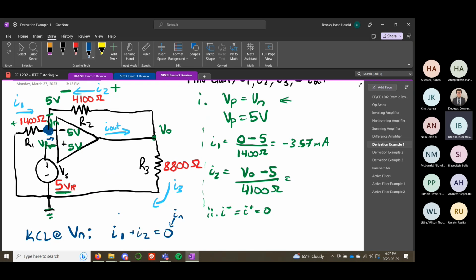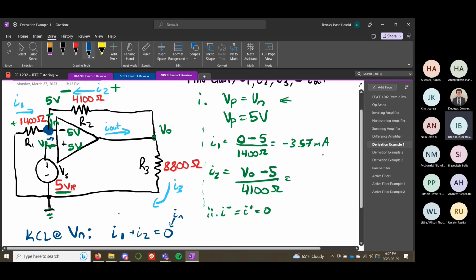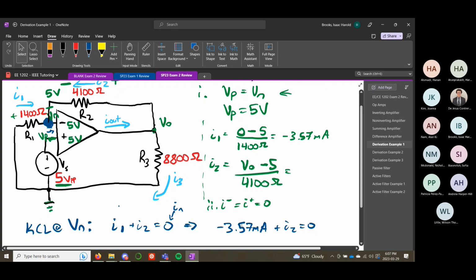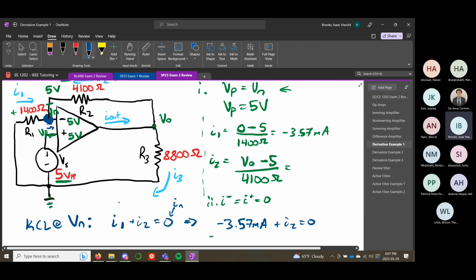Basically, what we can say is I1 plus I2 equals 0. We know I1 is negative 3.57 milliamps, so negative 3.57 milliamps plus I2 equals 0, which means that I2 is 3.57 milliamps positive.